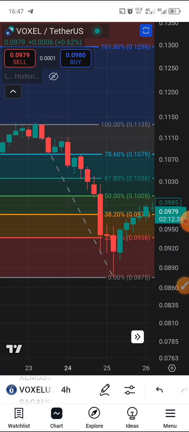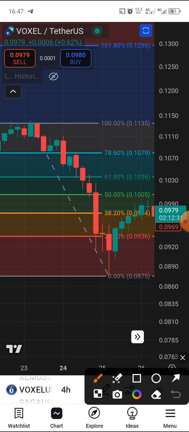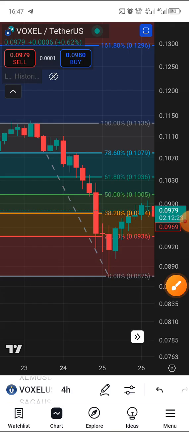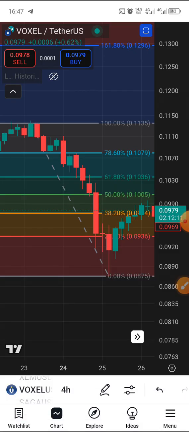Then you tap the screen, and you see here the lines are already drawn. We have this 100% line, we have the 78, but we are going to focus on a few lines here, the major lines where we expect the price to reverse or to make a reversal.